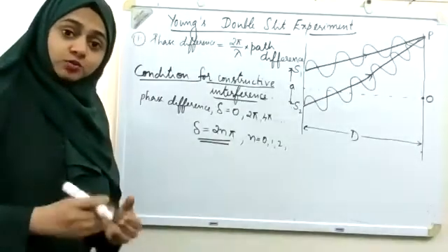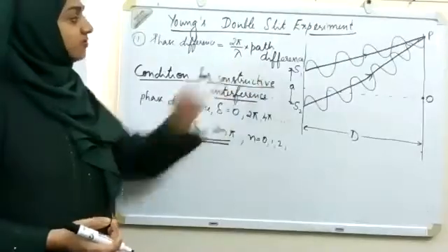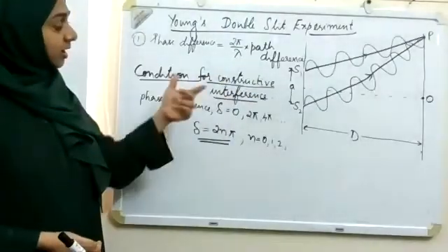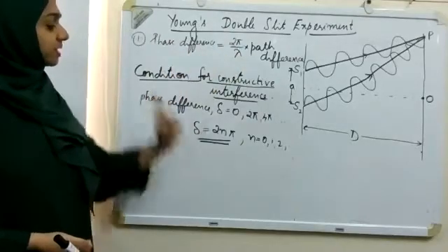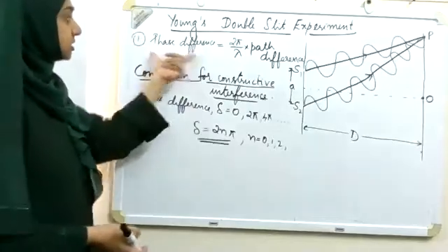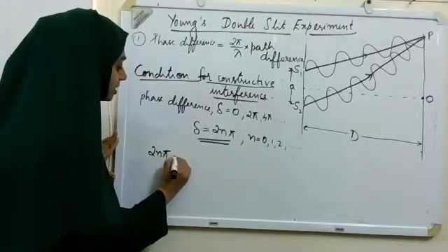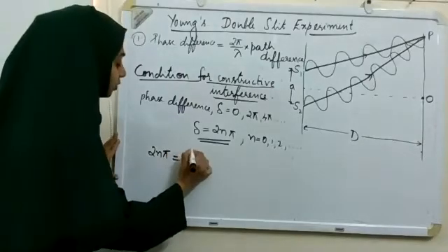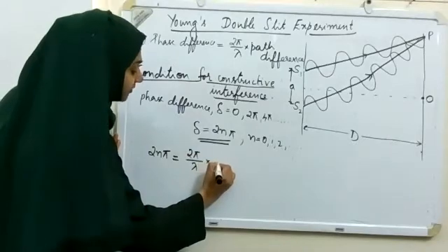So let us find the condition for constructive interference in terms of path difference, where we just have to put in this equation, instead of phase difference, 2n pi, is equal to 2 pi by lambda into path difference.